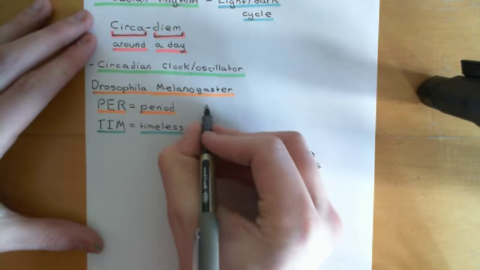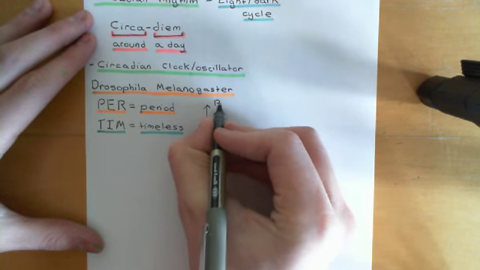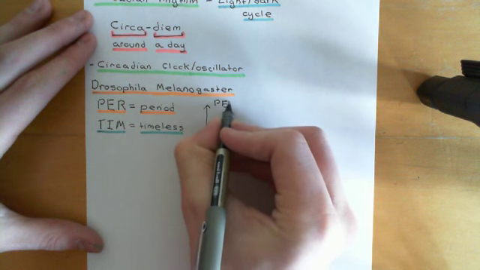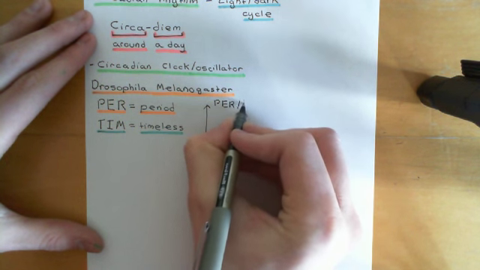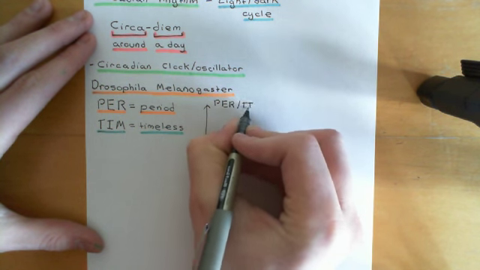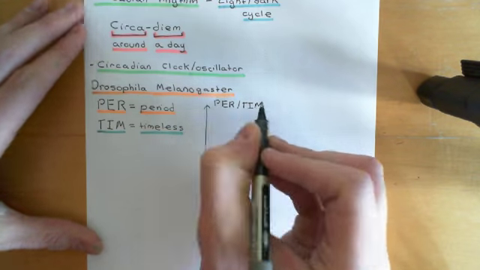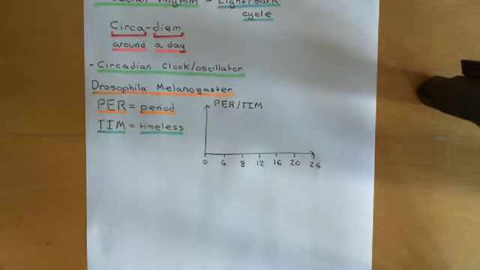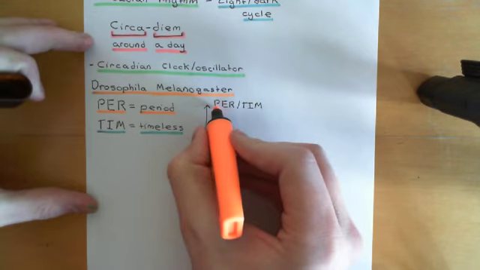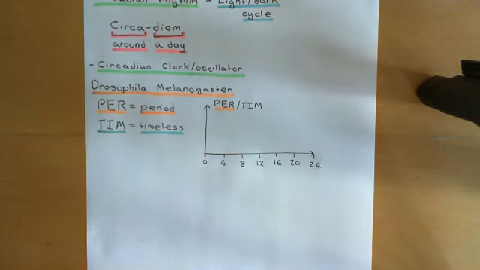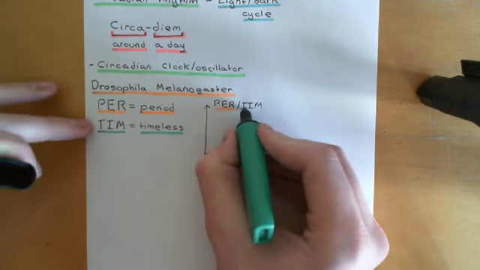On the y-axis, I am going to put the level of these two proteins, period and timeless, and their levels are going to oscillate together. Basically, the graph is going to be the same whether I'm drawing it for period levels or timeless levels, so I'm going to draw just one graph for both of them.